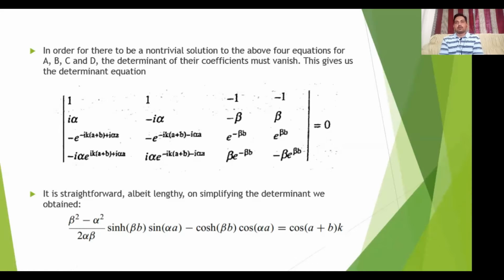So this has solved the major part of the derivation of the Kronig-Penney model. Now all further discussion will have to be explored on the basis of this equation. So our discussion today is up to this point.